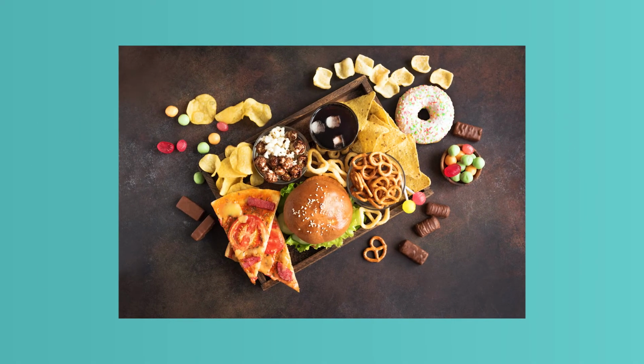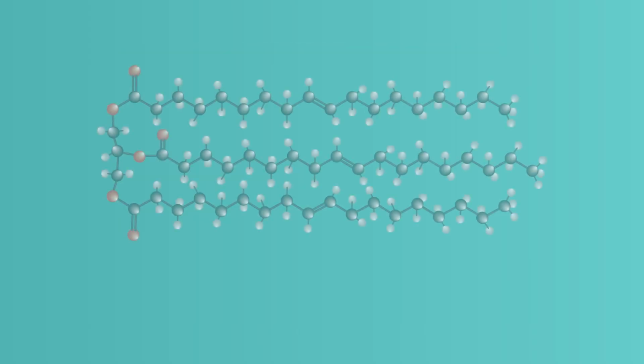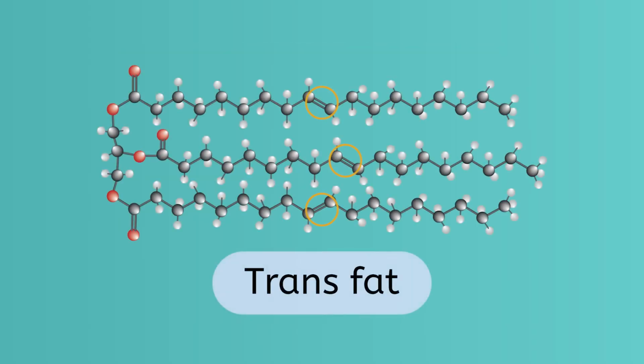However, for a long time, the fats produced in this way were only partially hydrogenated, meaning that not all of the double bonds were replaced with an extra hydrogen. Some of the double bonds that remained got twisted into what's called a trans configuration. This means that the double bond is still present, but the fatty acid has a straight shape rather than a bent shape.